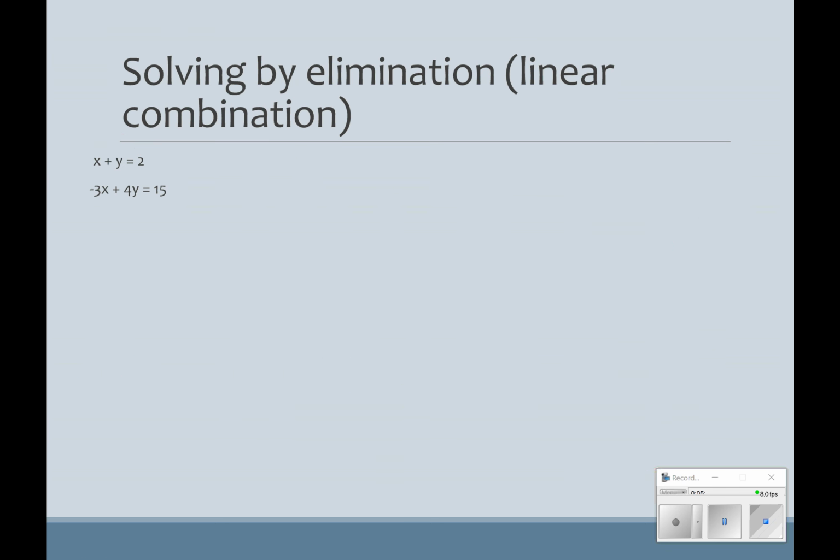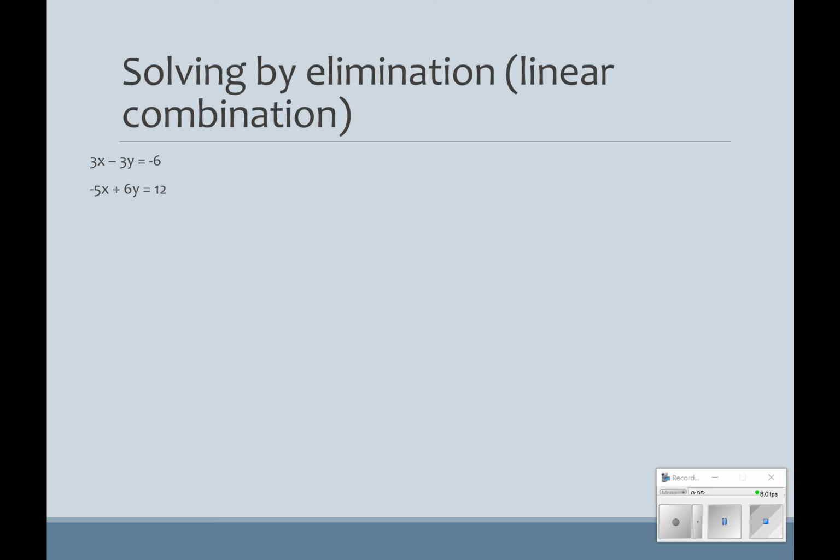Let's look at the next example. I actually wrote these down twice because I wasn't sure I'd have room. All right. So there's really no clear-cut way here. I don't have an x and a y, so I want to look. I can do one of two things. I've got one negative and one positive x, or I've got one negative y and one positive y.